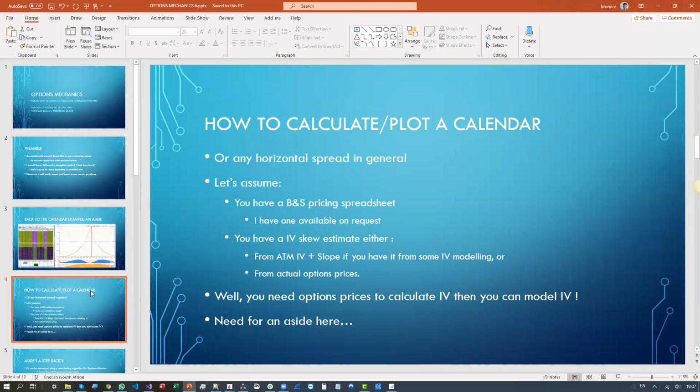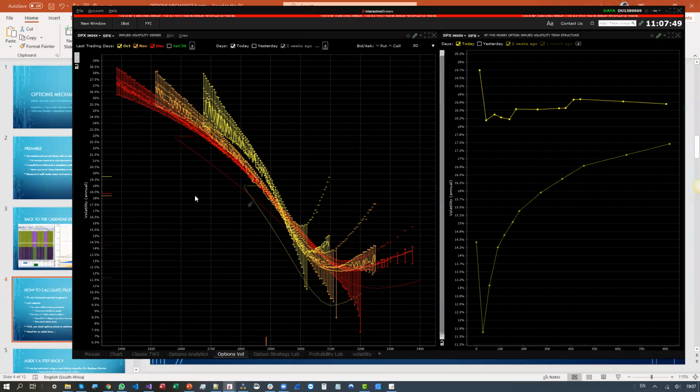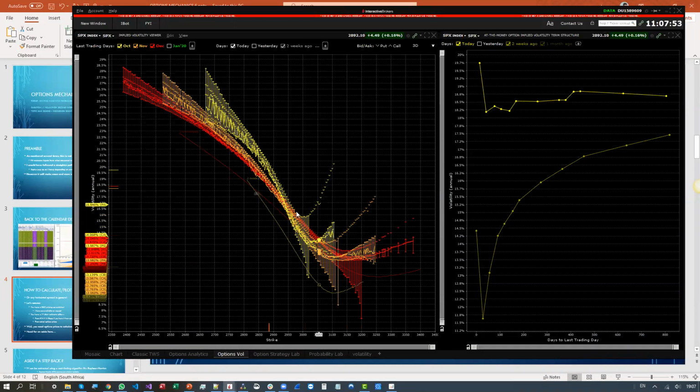I will get into more sophisticated topics later. I know what some of you must be thinking about, because, for example, if I look at option volatility, as you can see, this approximation is not exactly right.